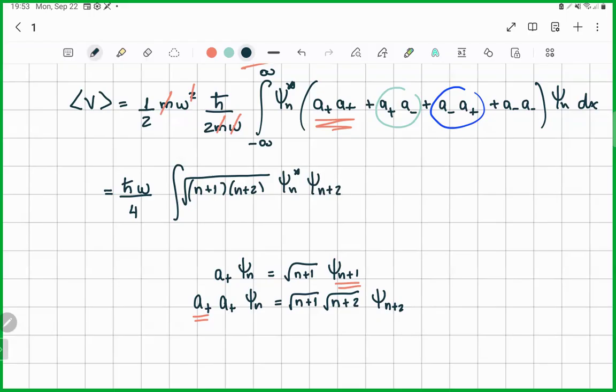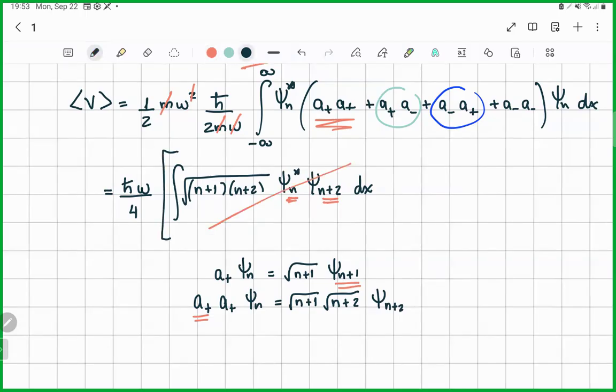Some of you may already see that this is 0. This is 0 because n and n plus 2 are different. And we said that the solutions are orthogonal when the indexes are different, when we are dealing with different stationary states. So this integral is 0, okay?